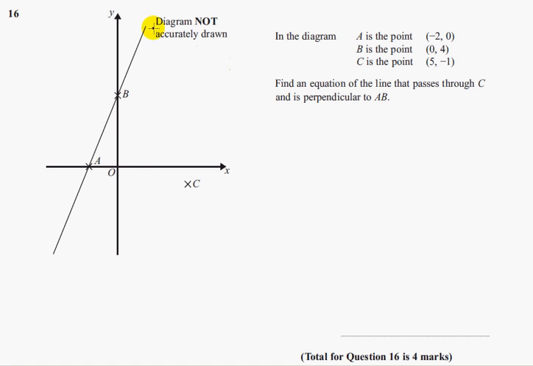Question 16. The diagram is not drawn accurately. In the diagram, A is the point (-2, 0), B is the point (0, 4), C is the point (5, -1). Find an equation of the line that passes through C and is perpendicular to AB.